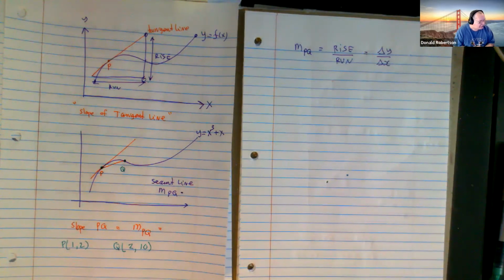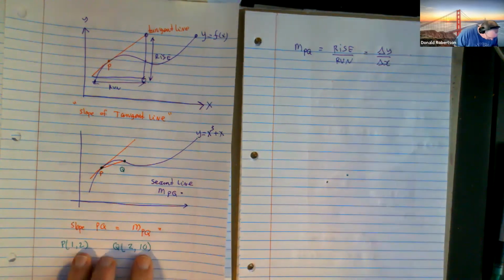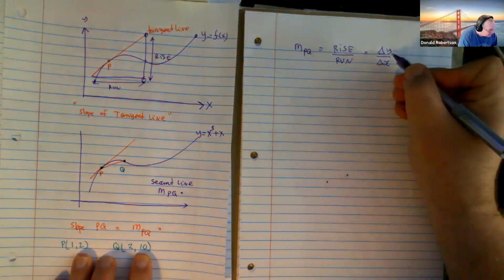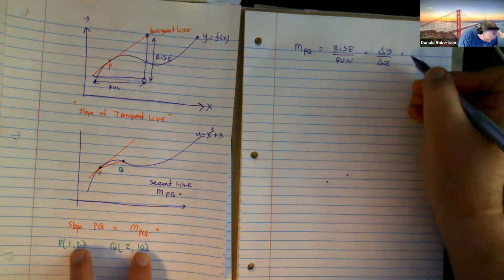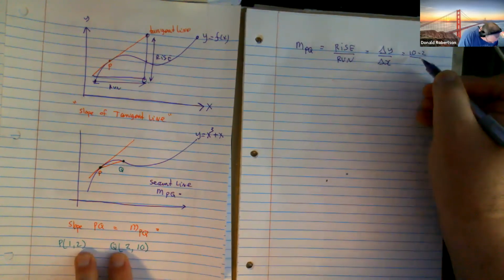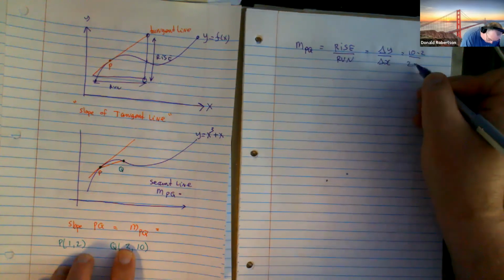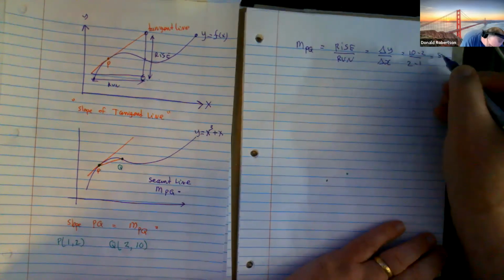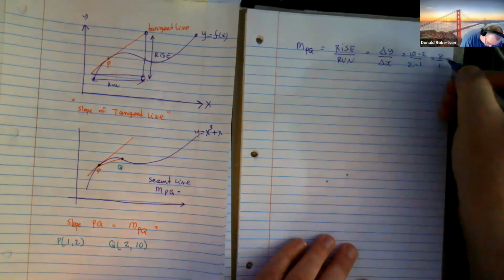Agreed? Since I know the x and y coordinates, I should be able to find the differences. The difference in the y coordinates is 10 take away 2, and the difference in the x coordinates is 2 take away 1. And so the answer I got was 8.